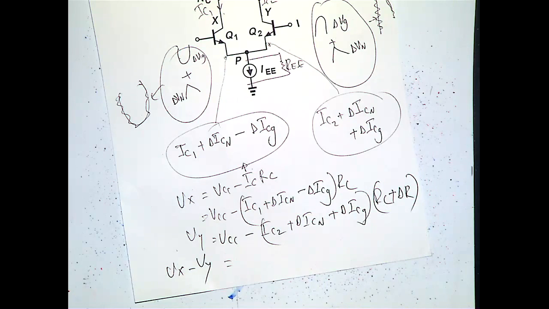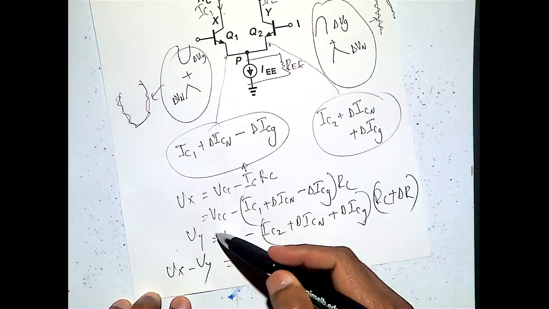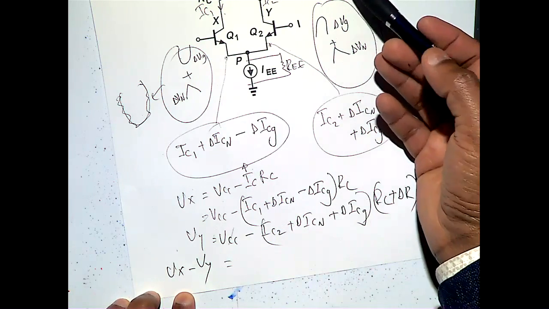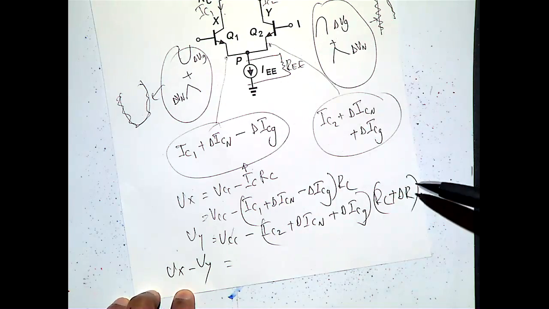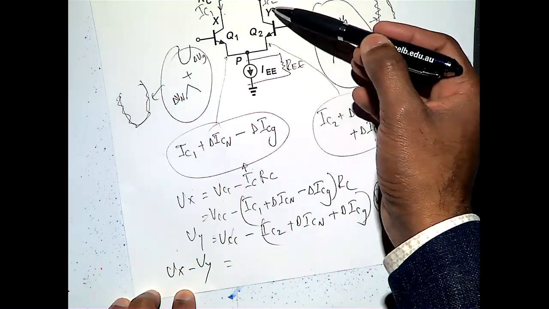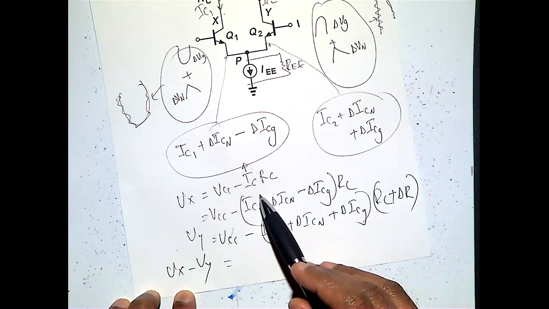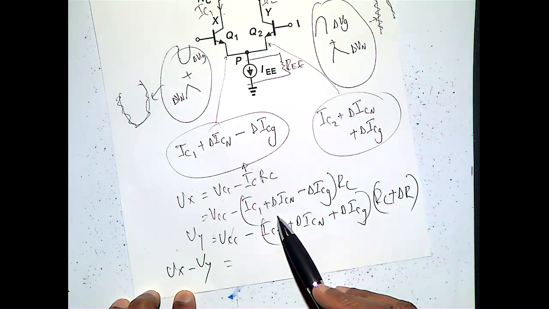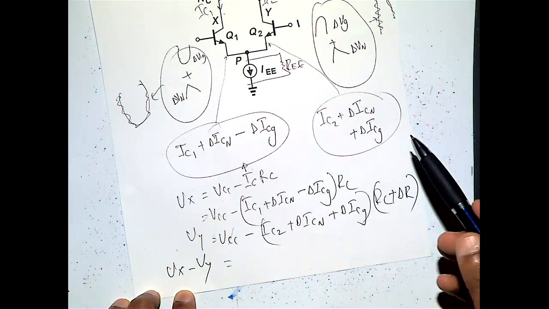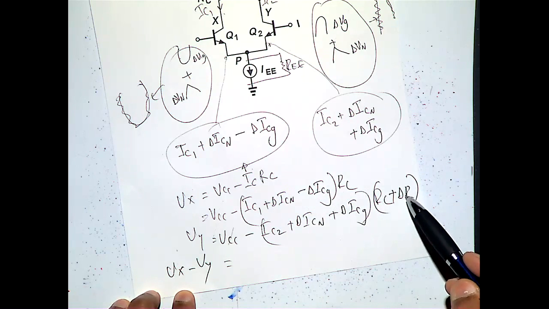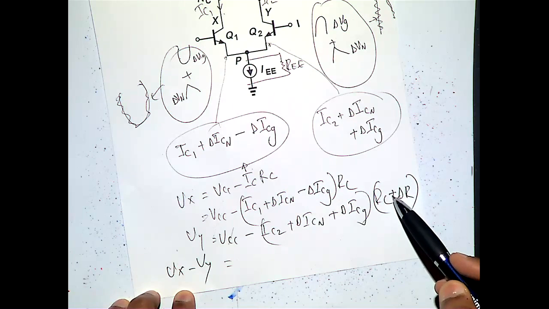But when you take Vx minus Vy, this term will cancel out. RC into IC1, when IC1 equals IC2, in that case, because your bias currents are the same, IC1 into RC and IC2 into RC will cancel out. Then what else will cancel out? This signal will cancel out with this one, but the delta R component will not cancel out. You know what I mean?